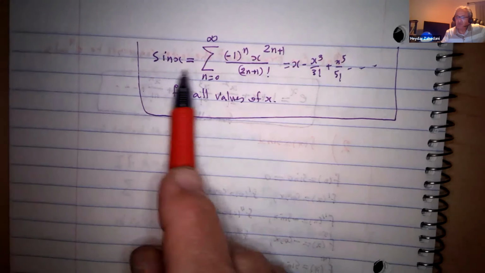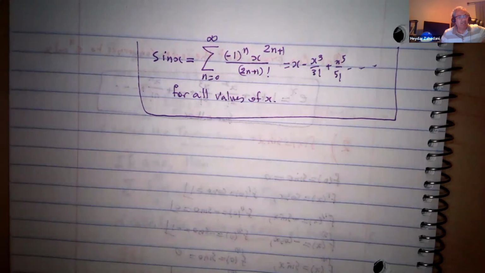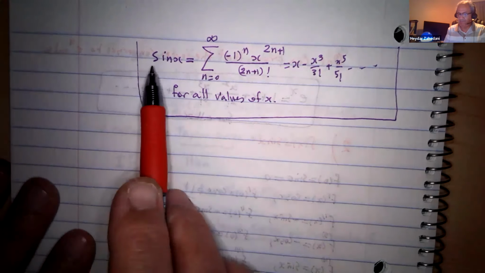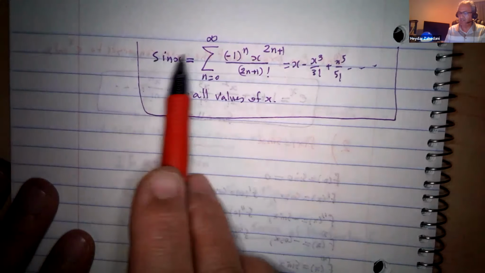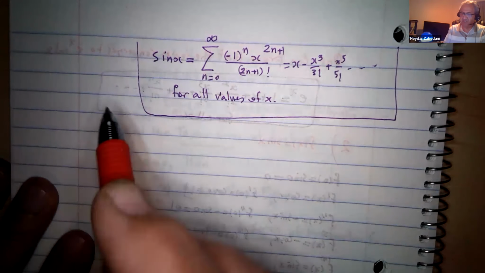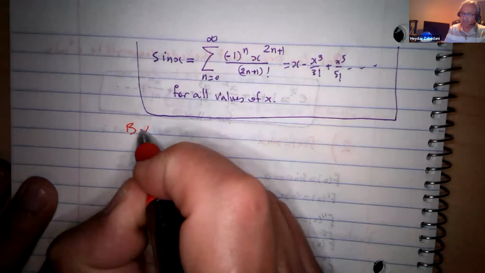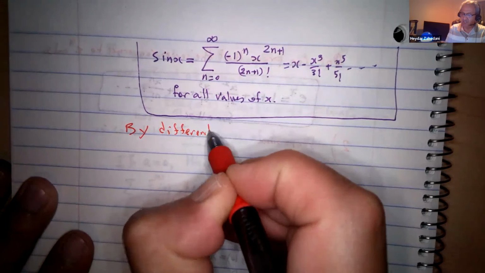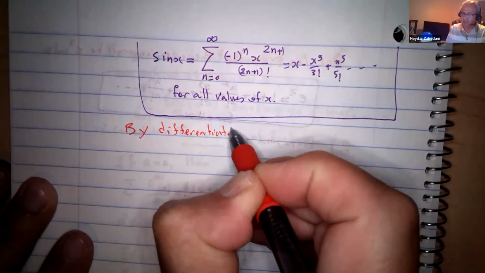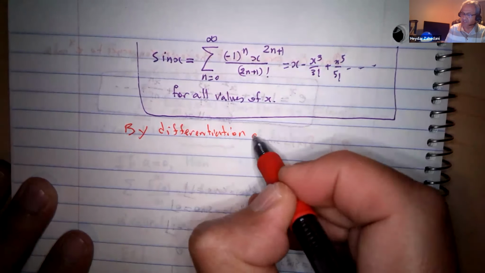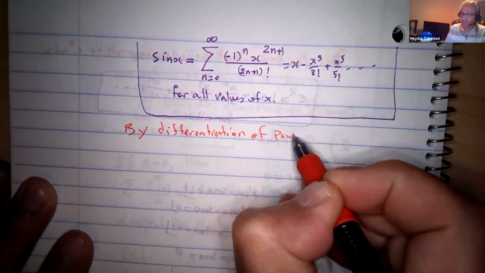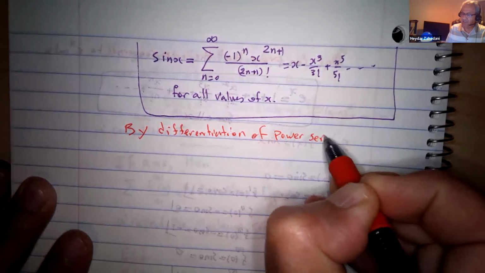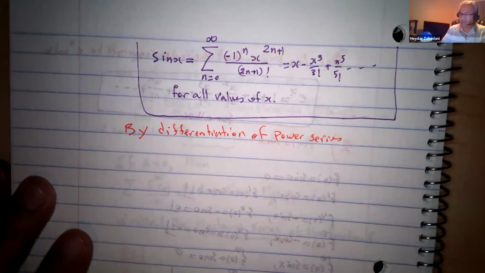Now what we can do, remember, the power series are differentiable. If you differentiate both sides, that gives you the series for the cosine. By differentiation of power series, you get this one free.